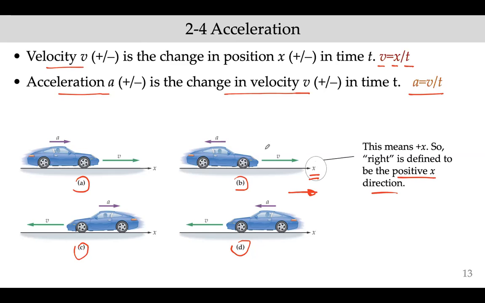So whenever we see a vector pointing to the right, it's a positive number. For example, velocity is positive here. And whenever we see a vector pointing to the left, it's a negative number. So the acceleration here will be negative. Let's see them in detail in the next slide.